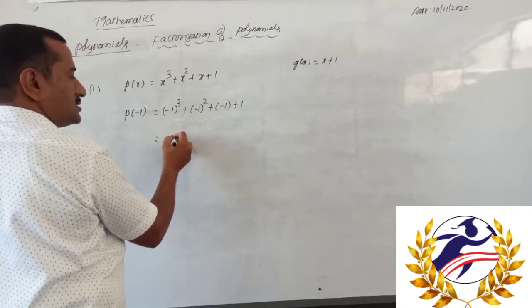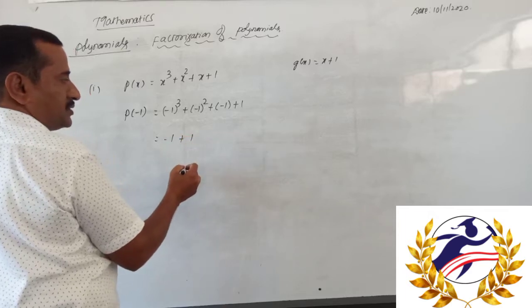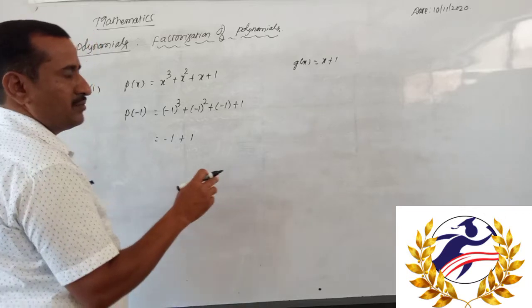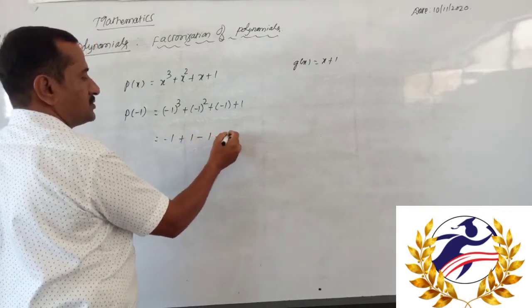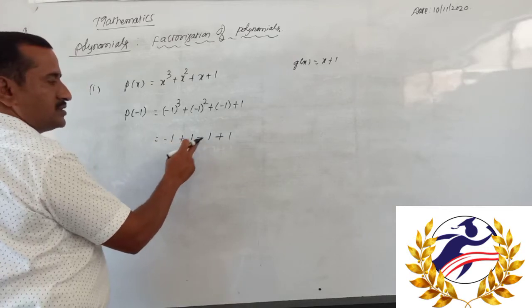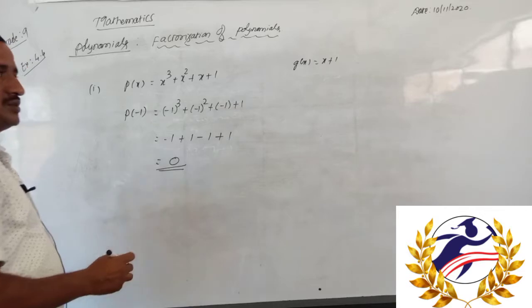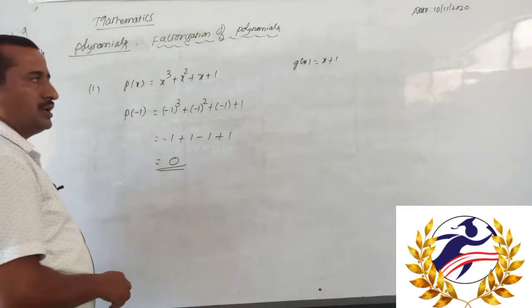Minus 1 cube is minus 1, plus 1 square is plus 1, because minus into minus is plus, plus into minus is minus. Then plus into minus is minus 1, plus 1. Here minus 1 plus 1 is 0, minus 1 plus 1 is 0. As a result we will get 0. Hence it is a factor of the given polynomial.